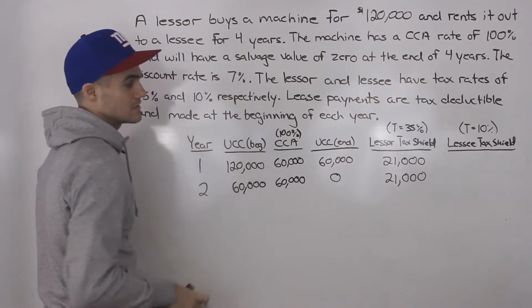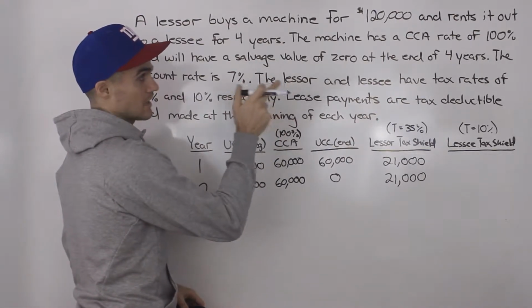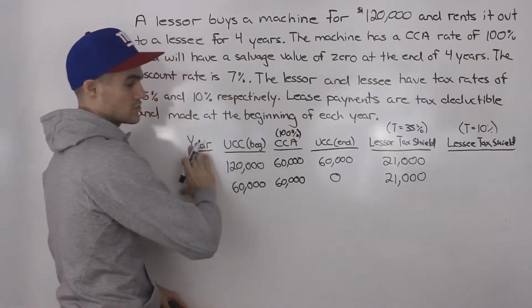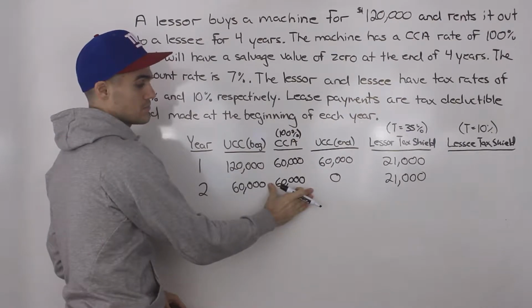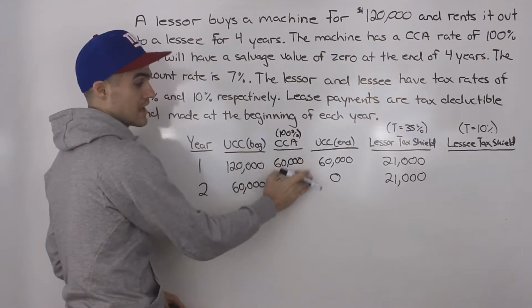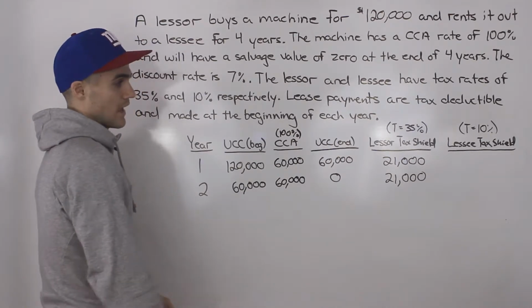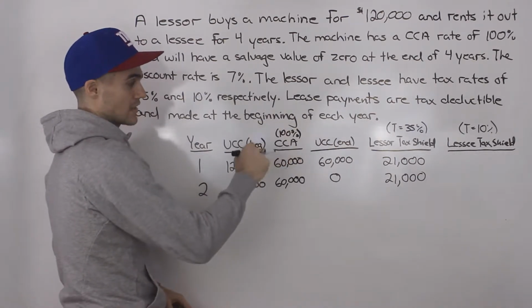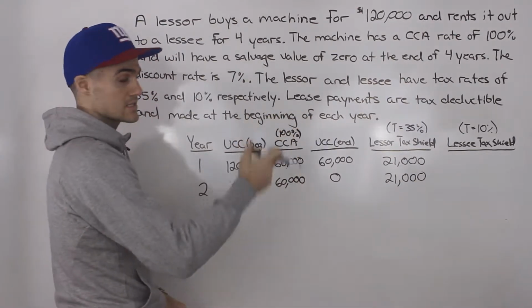It's still CCA depreciation, but because of that 100% CCA rate, your schedule is always going to look like this, and that CCA is just going to be the same, but that is just coincidence. And then the lessee tax shield is going to be the CCA amount multiplied by the tax rate for the lessee, 10%.